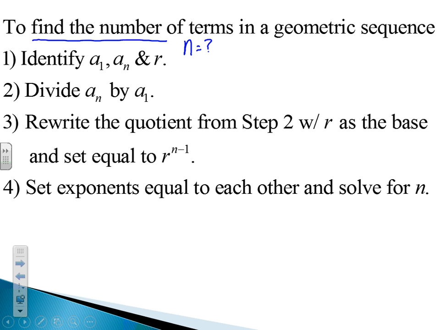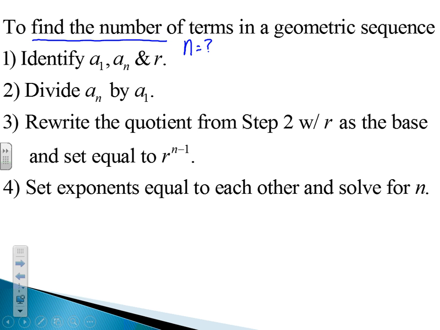Now when we did this with an arithmetic sequence, because an arithmetic sequence is basically just a linear function, we were able to rearrange the function, no big deal, in order to solve for n.